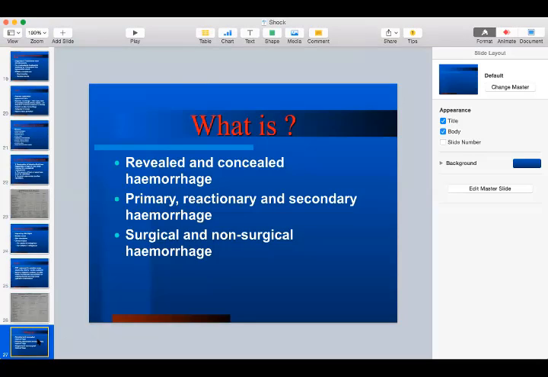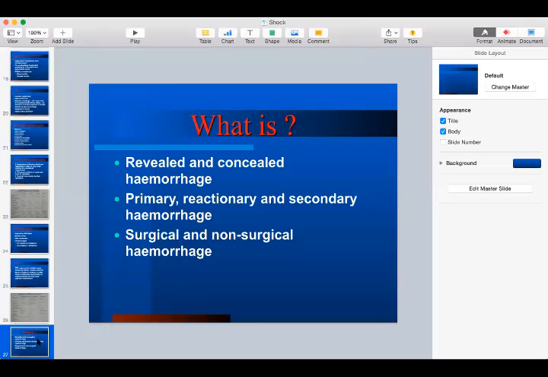Okay. When we're talking about hemorrhages, certain questions always show up in tests, and you should definitely know their meaning. Basically, what is revealed and concealed hemorrhage, and the difference between the two. Primary, reactionary, and secondary hemorrhages, surgical and non-surgical hemorrhages.